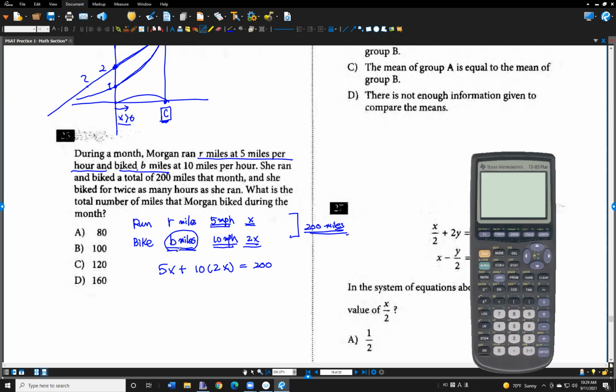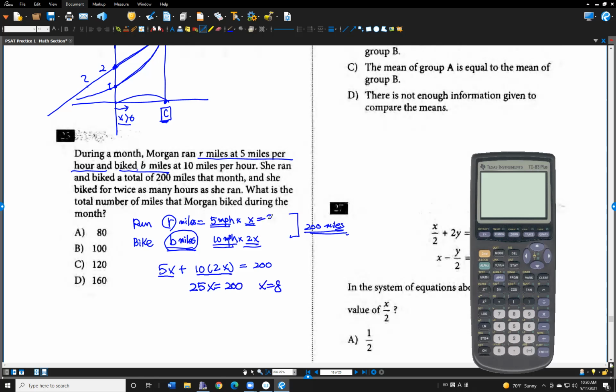How can you find the B miles? B miles is 10 times 2X. R miles is 5 times X. Anyway, we need to find the value of X, right? So this is 5X plus 20X, total 25X equals 200, X equals 8.